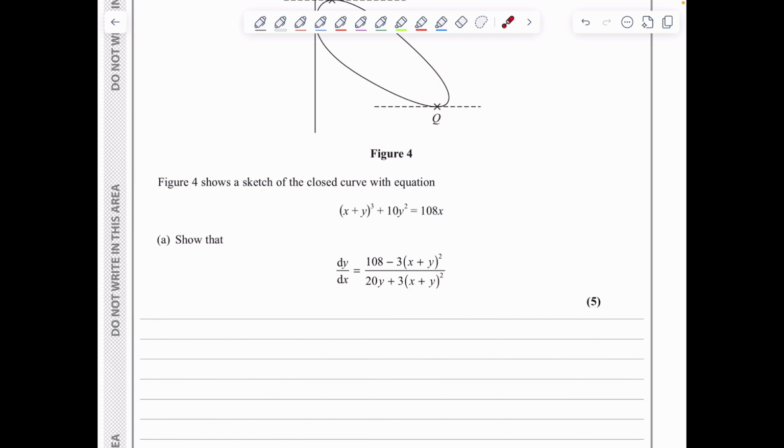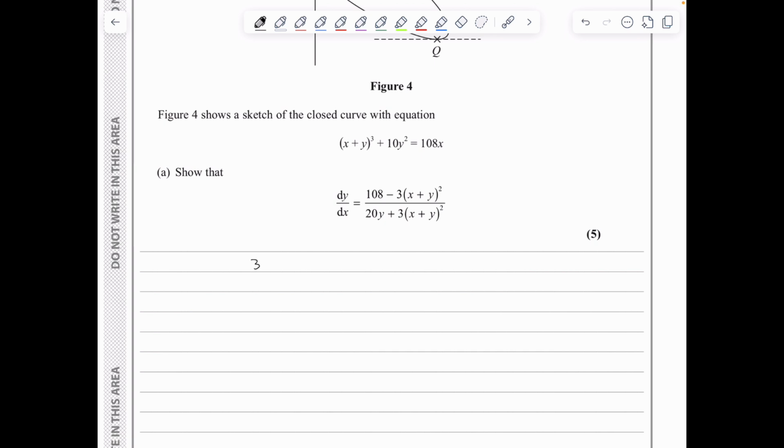So starting with x plus y raised to the power of 3, I will get the power down, I deduct 1 from the power, times the derivative of the bracket, where the derivative of x plus y is 1 plus dy/dx. Then we've got the derivative of 10y squared, which is 20y dy/dx.